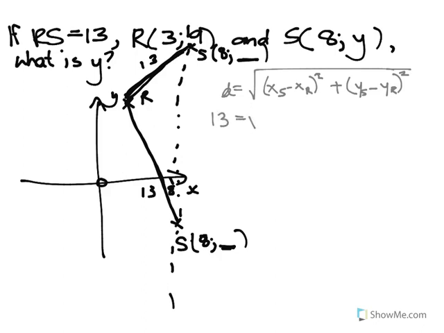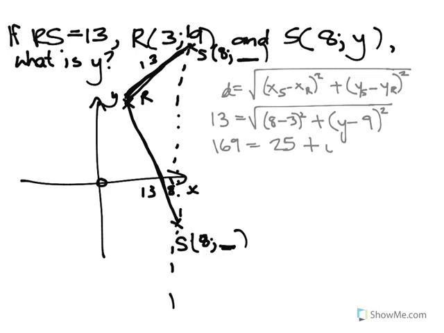So 13 is equal to the square root of (8 minus 3) squared plus (y minus 9) squared. We can square both sides, so we have 169, and all we're left with is whatever was under the square root. 8 minus 3 squared is 25, and over here we've got y minus 9 squared.